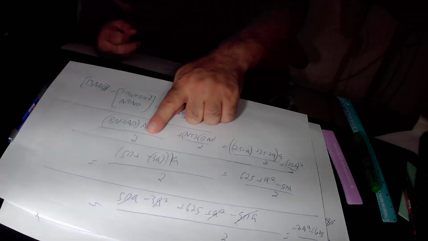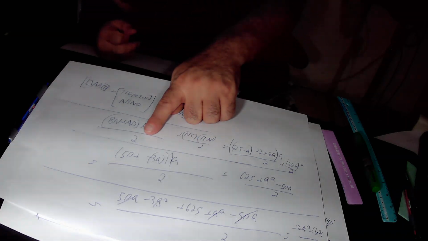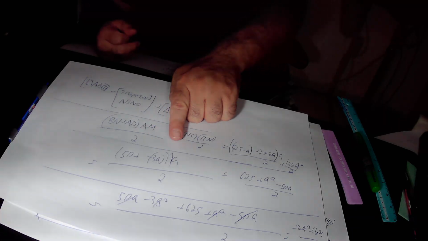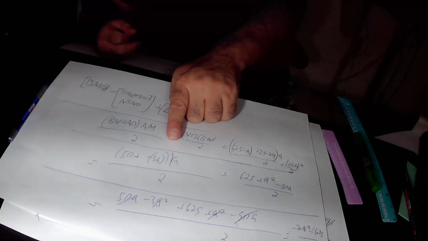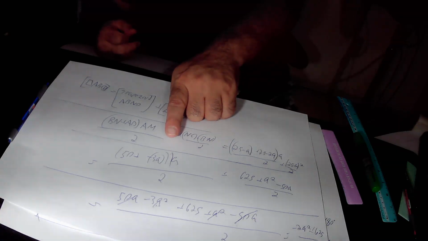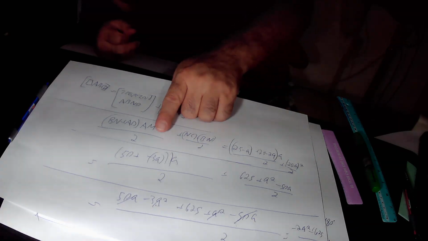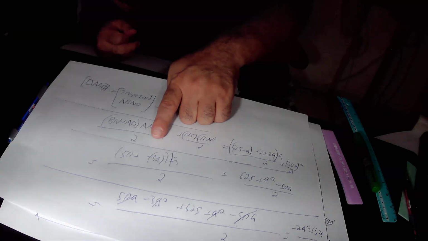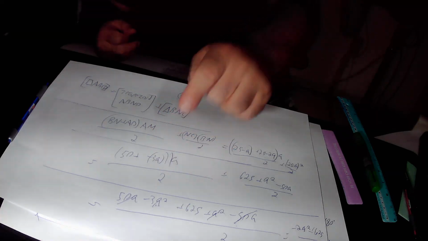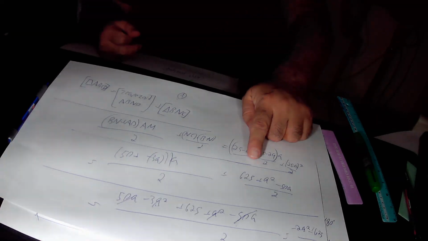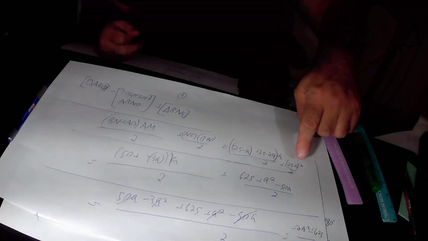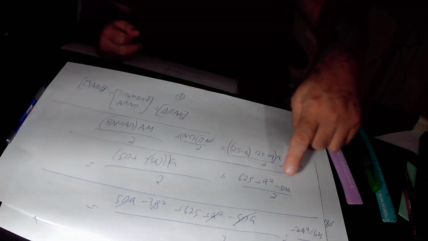Here we open the brackets in this expression, and we find 50 times A, minus 3A times A is minus 3A squared, and here we have 625 plus A squared minus 50A.